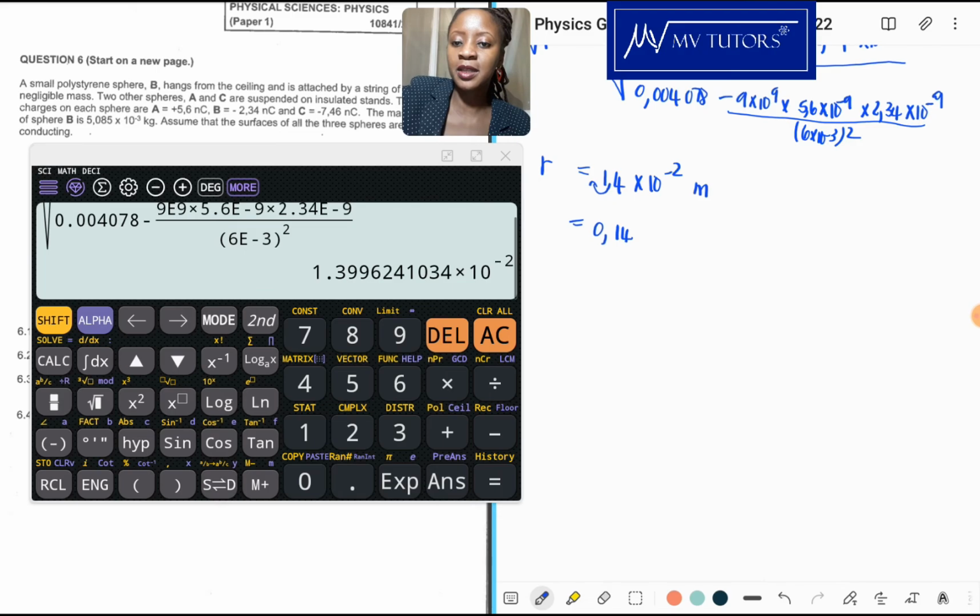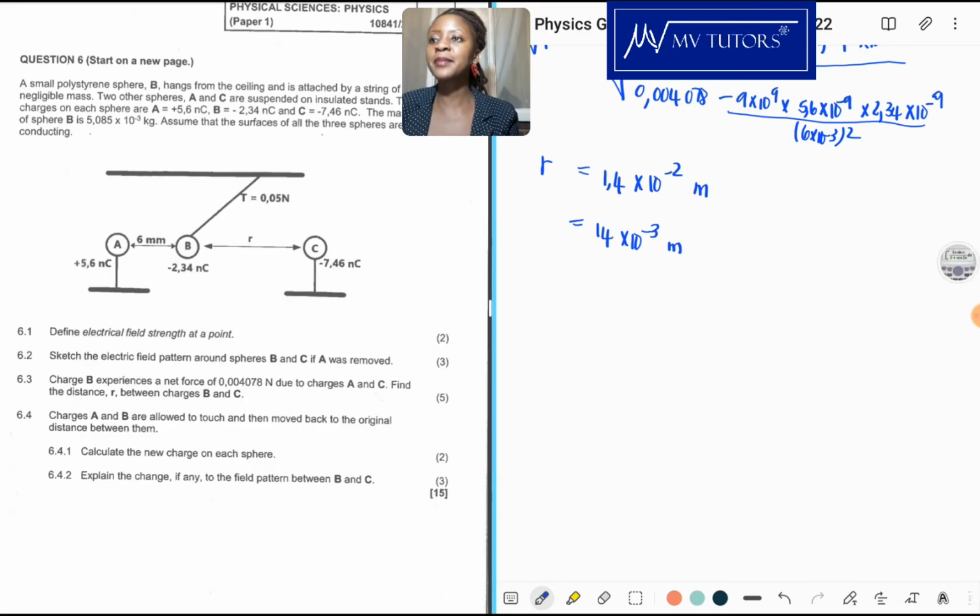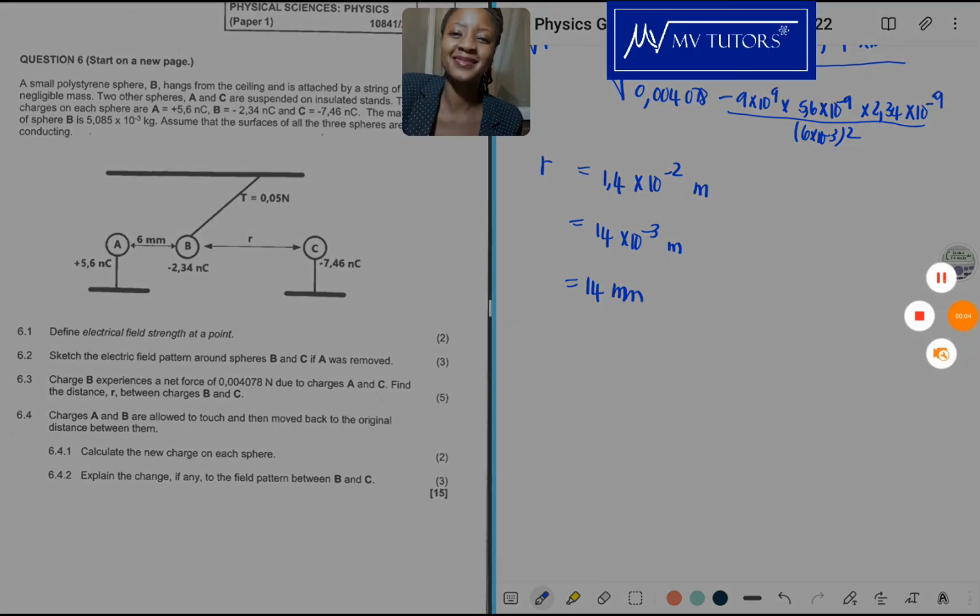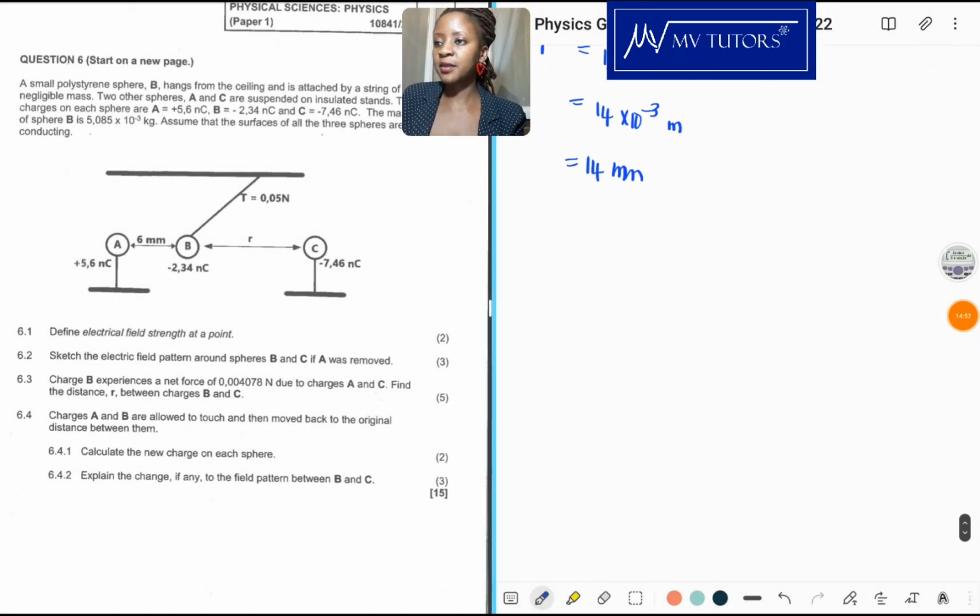Okay, no, let me do it like this. 14 times 10 to the negative 3 meters. Okay, does that make sense though? If the distance between A and B is 6 millimeters, then I guess this one can be 14 millimeters. Ne? All right, so we are almost there.